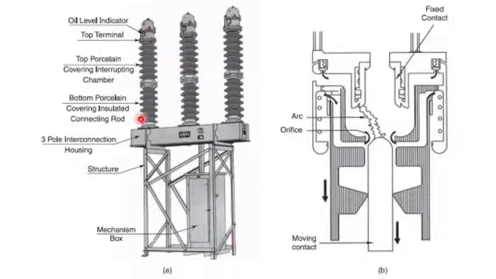So there are three legs for three different phases, and inside this the fixed and moving contacts are kept with oil. And you can see here this is the moving contact, and these are the fixed contacts. Between them an arc is struck, and the oil surrounding this space will be converted into hydrogen, and hence it cools the arc.